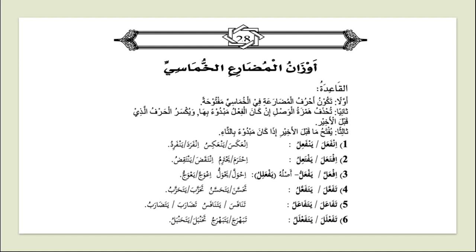So if we were to look at the scales 1, 2 and 3, in fa'ala, ifta'ala, if'alla, they all begin with a hamzatul wasl. He said that they are all dropped if the verb starts with them. So only the first 3 start with a hamzatul wasl, and the second 3 start with a ta. So these rules are only for the first 3. And then the second point he mentioned is that the second last letter will take a kasra.